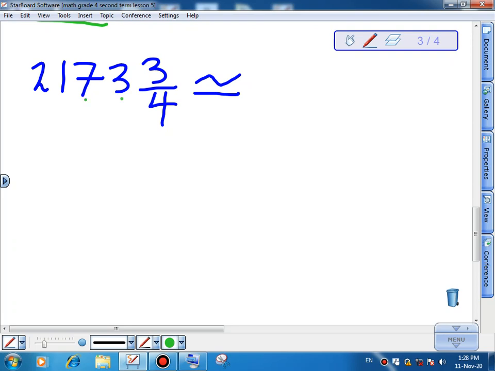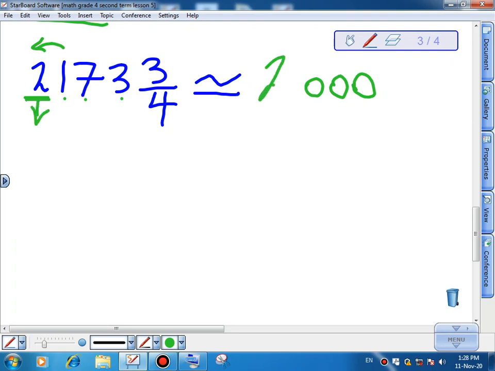Units, tens, hundreds, thousands. Ignore the fraction for now. I only look at the thousand place, which is the number 2. Underline number 2. The digit before the thousand place, the hundreds place, is 1. 1 is a weak number, so it will do nothing. Just replace the hundreds, tens and units by 0. And the 2 in the thousand place stays 2.